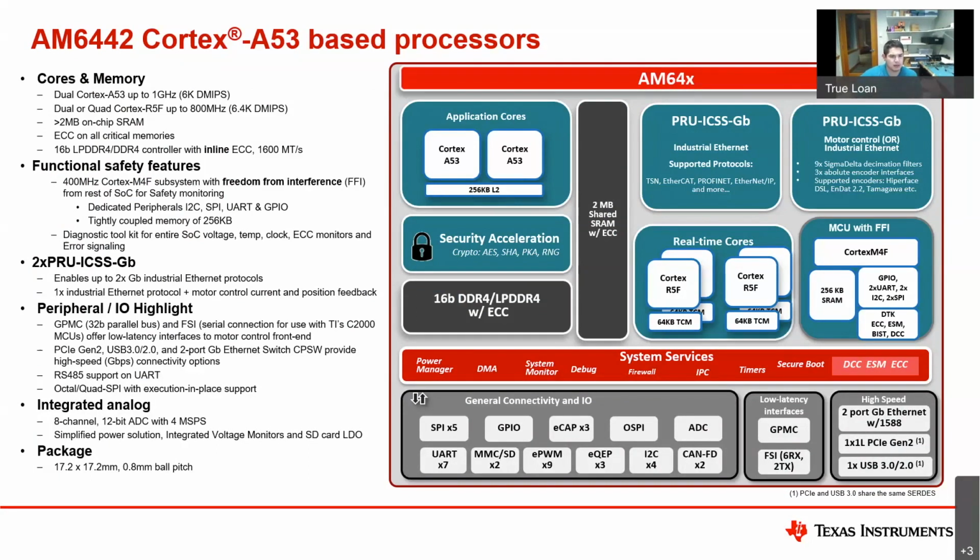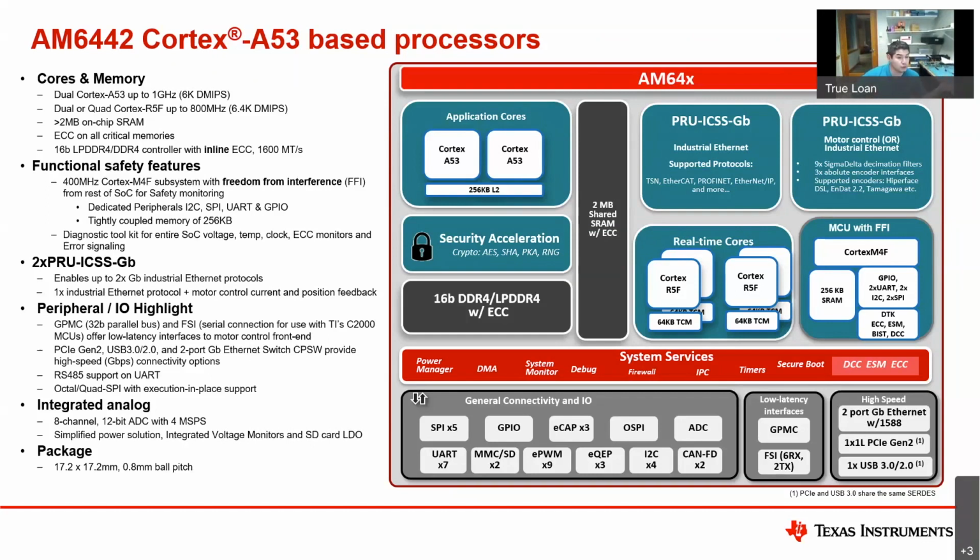The AM6442 also features two dual Cortex R5Fs microcontrollers. These are optimized for critical real-time applications. These are going to be running the FreeRTOS that we'll see in a little bit on the secondary devices, or the downstream devices connected via the industrial network.